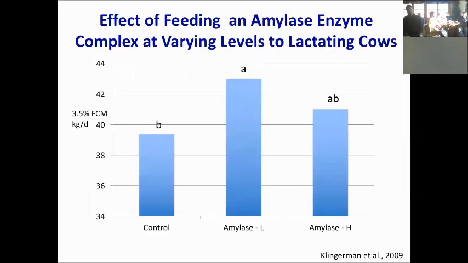This was a lactating cow study that was done by us as well. Normal starch levels, about 25% starch, low amylase, high amylase. You can see we see a significant increase in milk production here, numerical increase here, but actually a little bit lower. Not sure why this drops at the higher level, but we've actually seen this phenomenon as well in fibrolytic type of enzymes too, where it seems that if you add too much fibrolytic enzyme, you actually cut back on milk production.